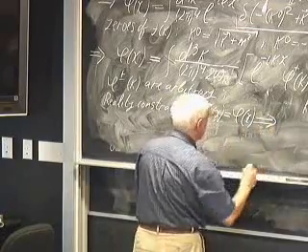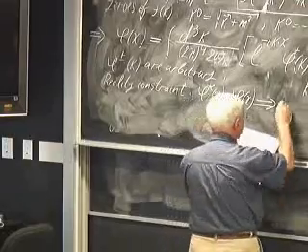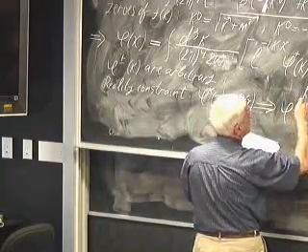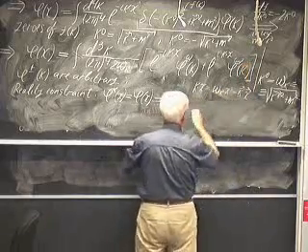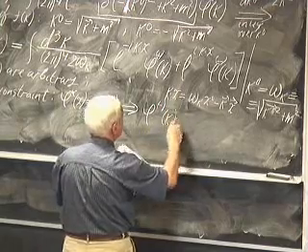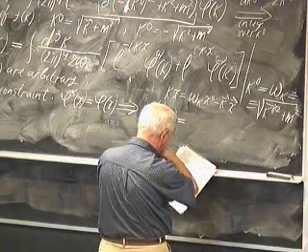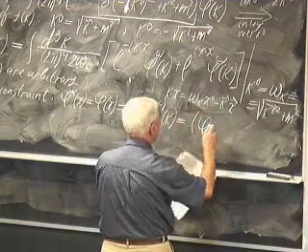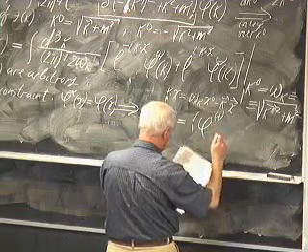It's easy to check that this leads to the following, that phi, maybe it's better to write minus plus in parentheses, minus k is equal phi plus.